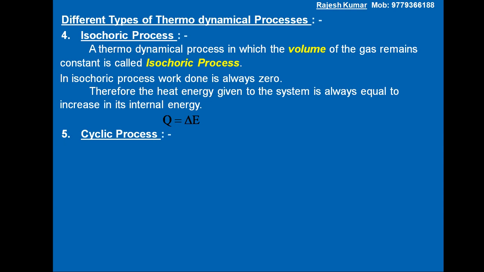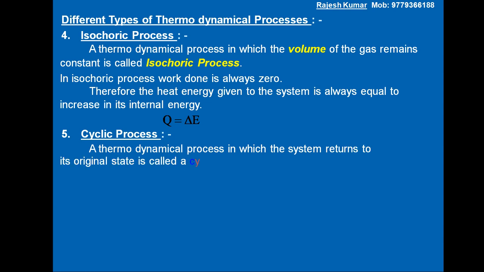Number 5, cyclic process. A thermodynamical process in which the system returns to its original state is called a cyclic process. So these are some thermodynamical processes. Now, indicator diagram or PV diagram.